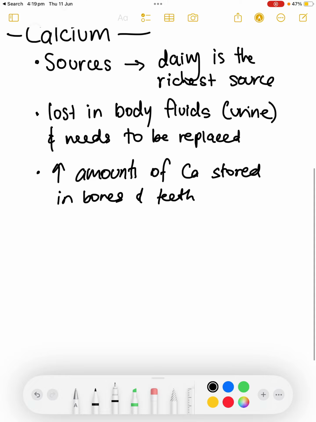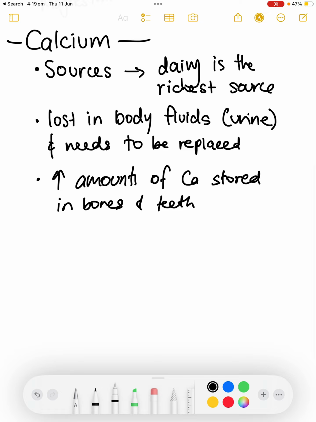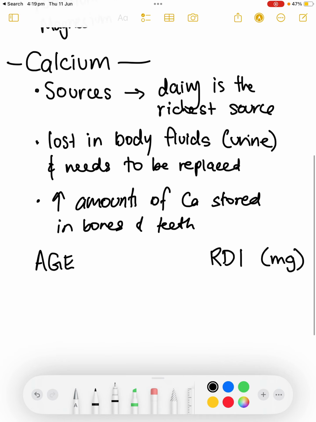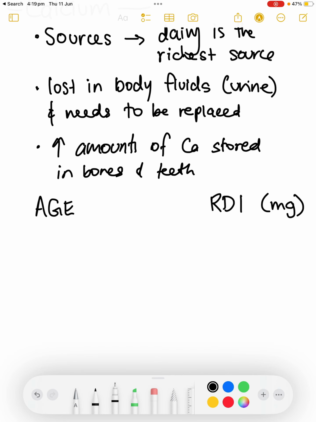Okay, and the next thing I'll just sort of go through now, you don't need to know the exact figures, but you need to know a little bit about the calcium RDI with age. So age, and then the RDI as well, which is in milligrams. All right. Now, again, it's not a trace mineral, it's a major mineral, milligrams, it's not micrograms. So let's just go with between the age of, let's go 4 to 8 firstly.